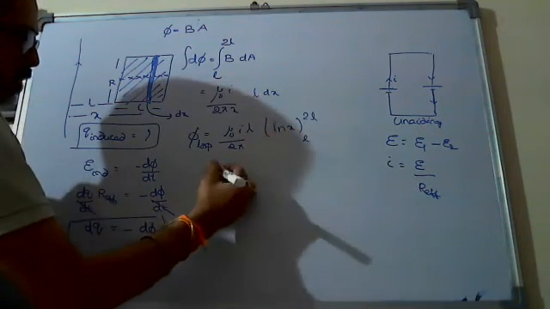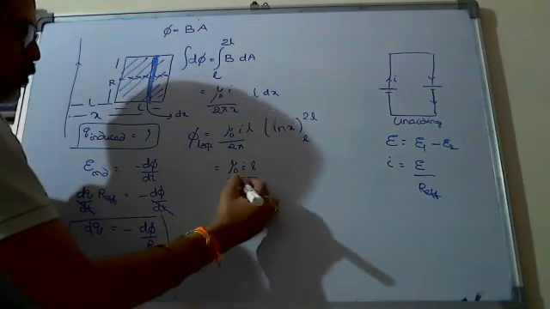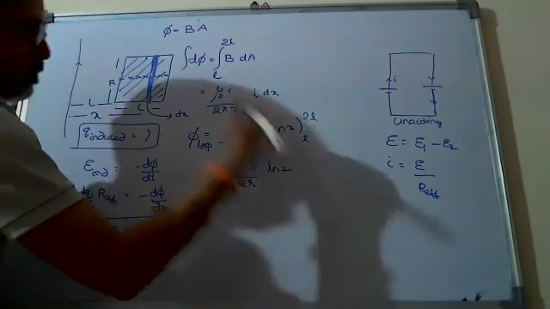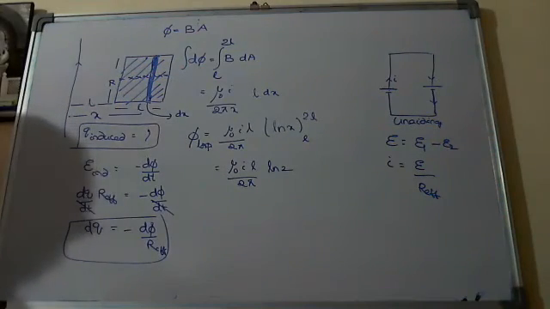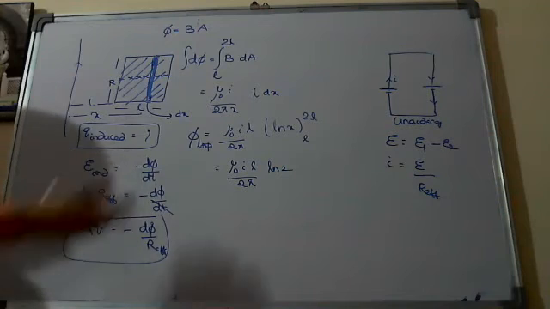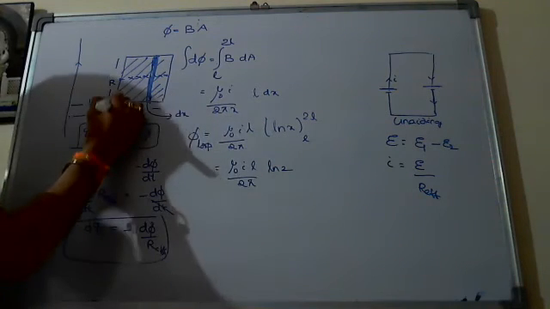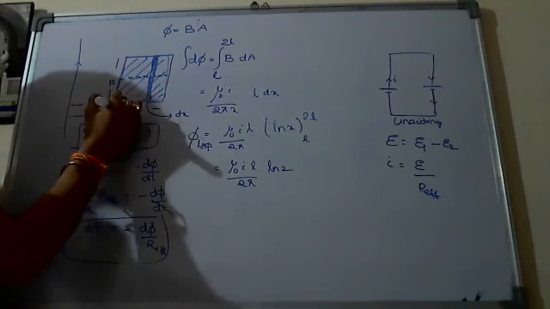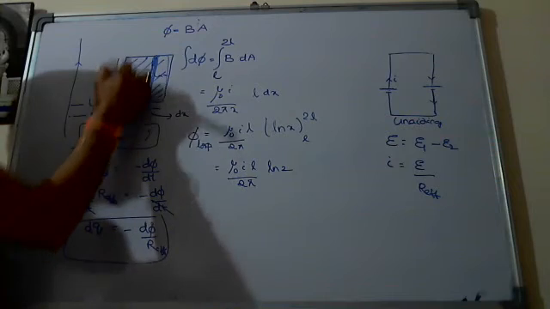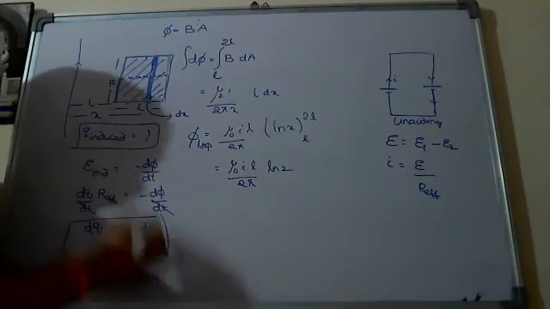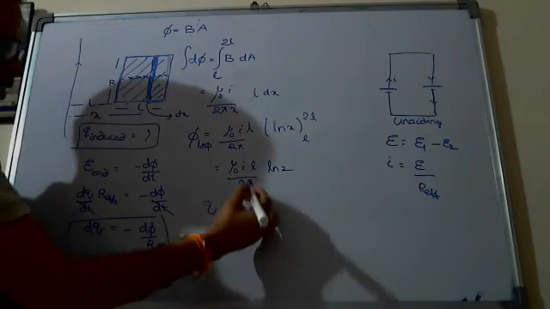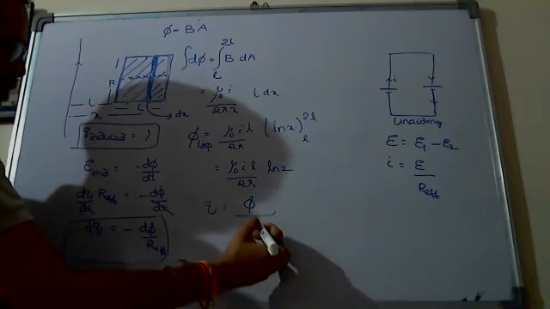This is log 2, so it is mu naught I L by 2 pi into log 2. That's it. And substitute here the total resistance. Anywhere the current is not splitting, therefore the total resistance is R plus R plus R plus R, total 4R. Therefore Q is equal to this phi divided by 4R.